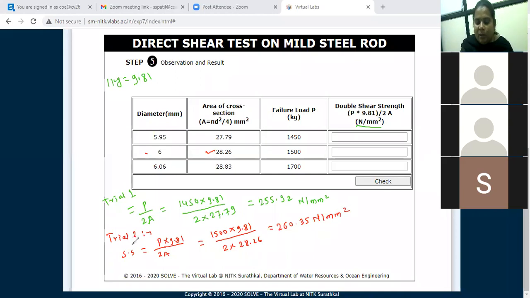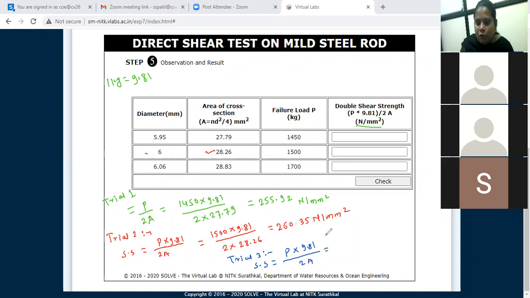Now we will calculate the double shear strength for trial 3. I will write here, suppose this is trial 3. For trial 3, the shear strength is equal to force into 9.81, to convert into Newton, divided by 2 times area.